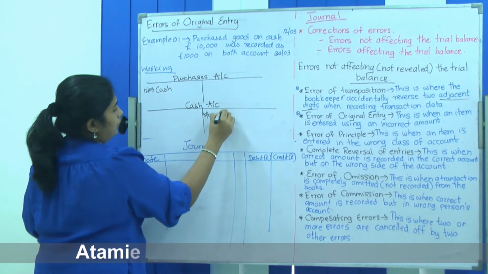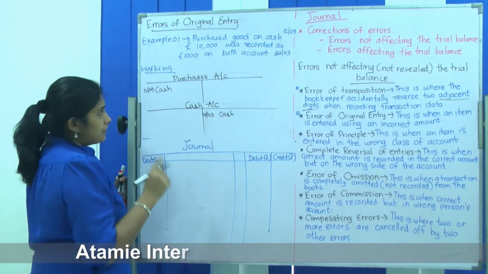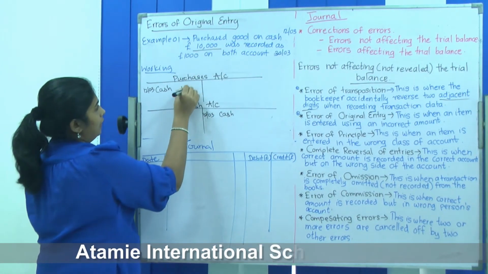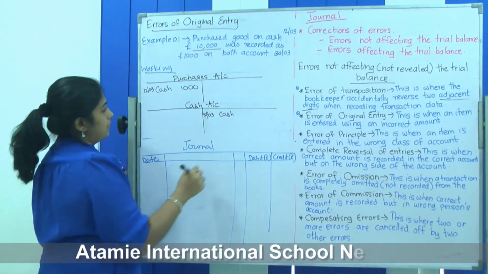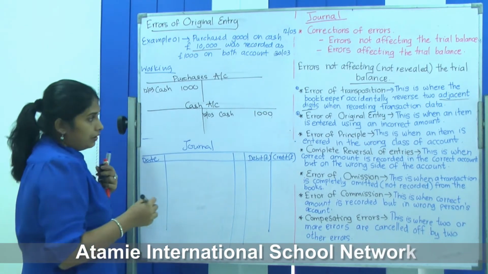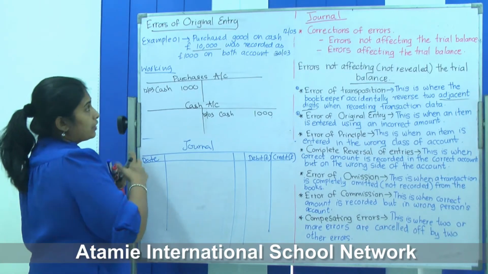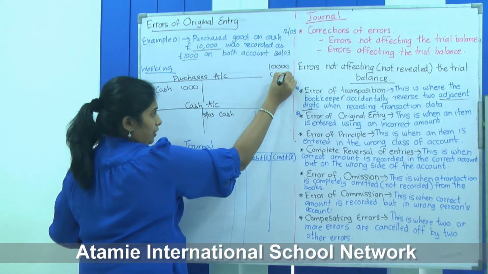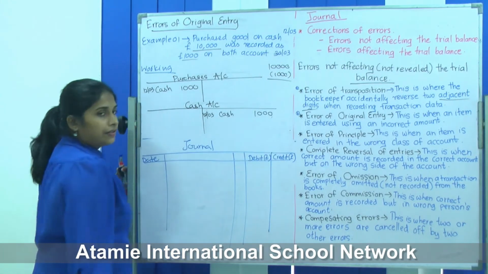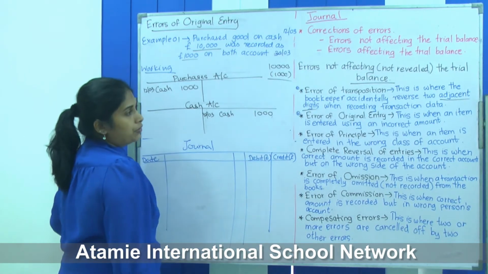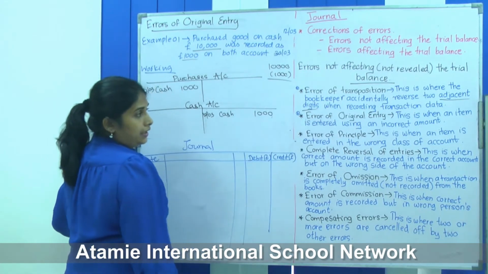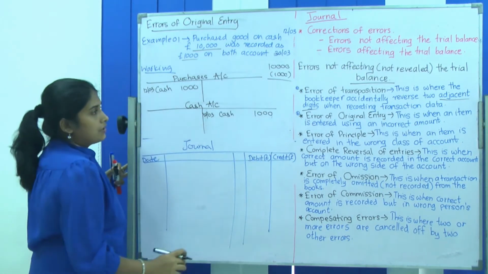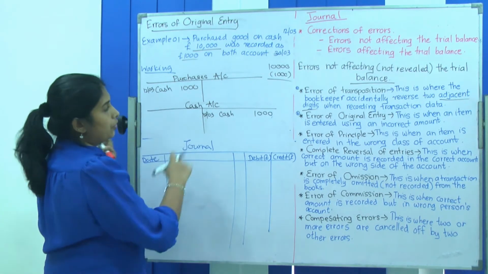The entry the bookkeeper has done is, instead of 10,000, he has debited 1,000 to the purchases account and credited 1,000 to the cash account. The actual amount is 10,000, but the bookkeeper recorded 1,000. This is exactly like errors of transposition, but in transposition the reversed digits are adjacent, and here it's not. The total amount has been decreased or increased.